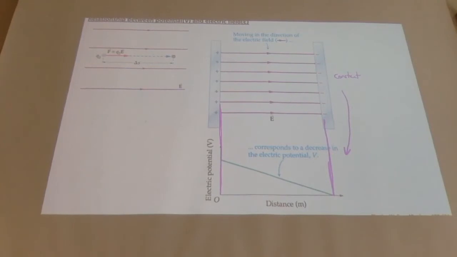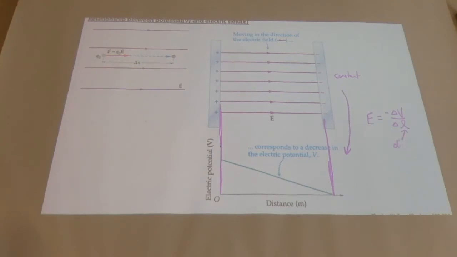It's a linear decrease. If I were to write this as an equation, it turns out that the electric field corresponds to the negative slope of the potential, or the negative change in potential with respect to, let's write this as L. This is basically a distance or a displacement.